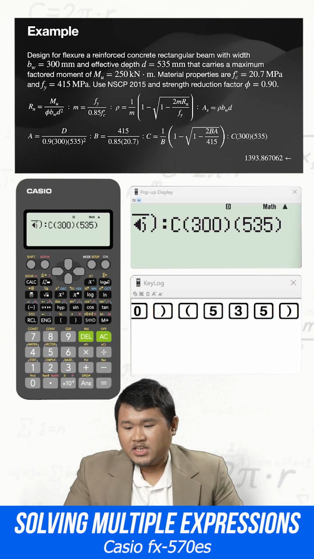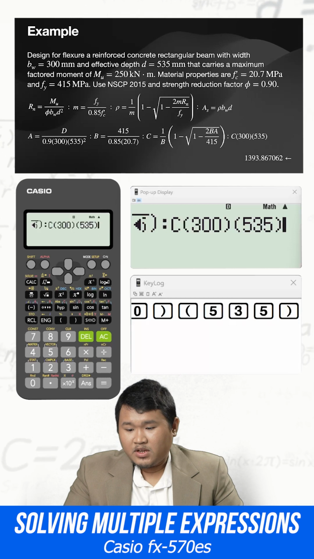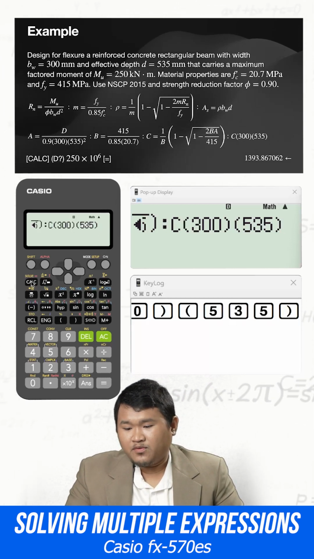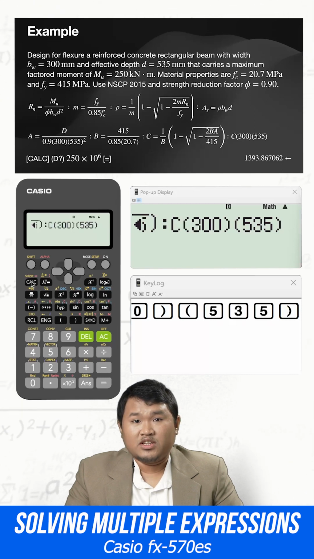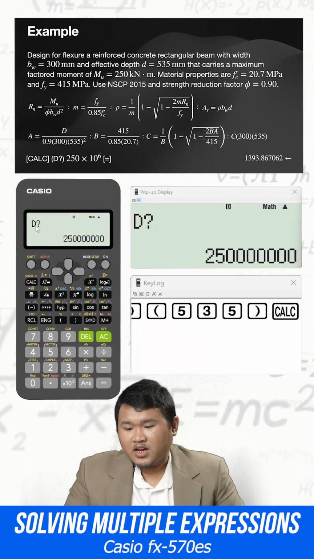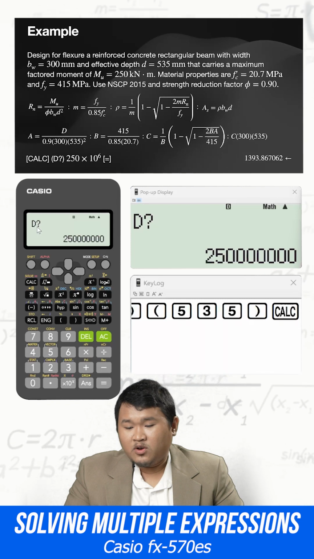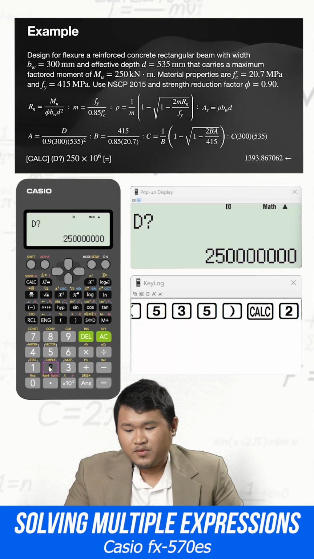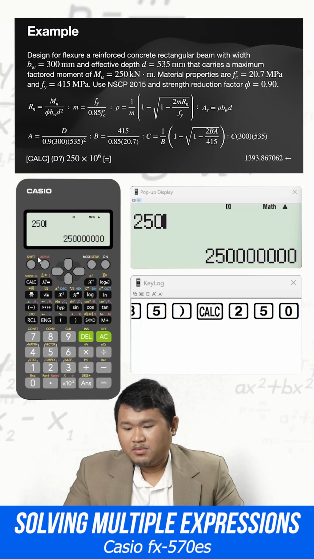So next, if we press calc, we will be asked for the value of D, which is in the first formula. In this case it is Mu. So we can assign 250 kilonewton meters.